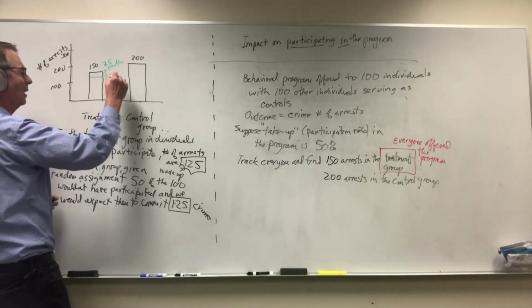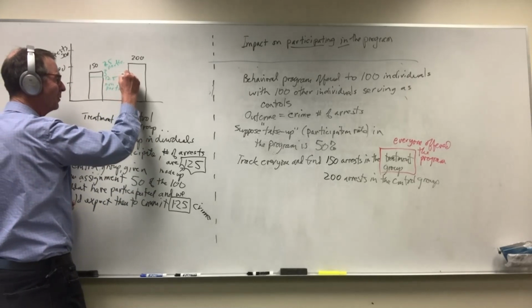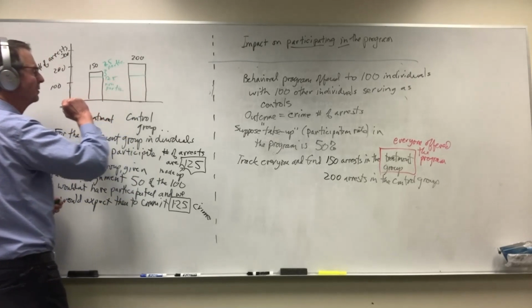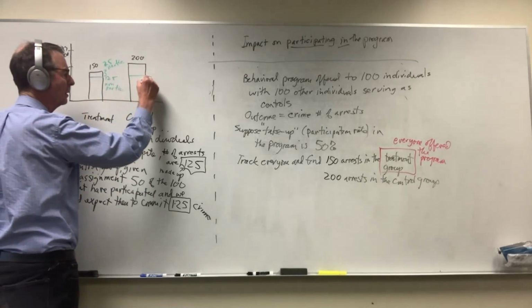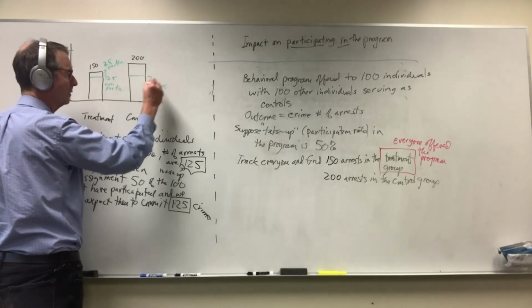So of the would-be non-participants, had we offered everyone in the control group a chance to participate, we would expect half of them not to, just like the treatment group, and we would expect them to commit 125 crimes, just like the treatment group.